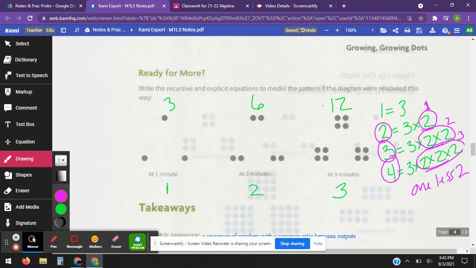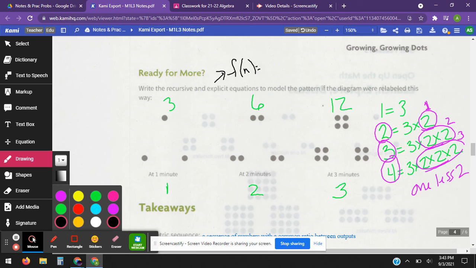So how that looks when we go to write it, for our explicit, it's going to be f of n equals, I still have my common 3, right? 3 times, and I'm still multiplying by 2, but instead of just the term number, n, I actually want 1 less. So I don't want to multiply by any 2's on the first term, so 1 minus 1 would be 0. I only need to multiply by one 2 the second time, so 2 minus 1 is 1, and that works for there.